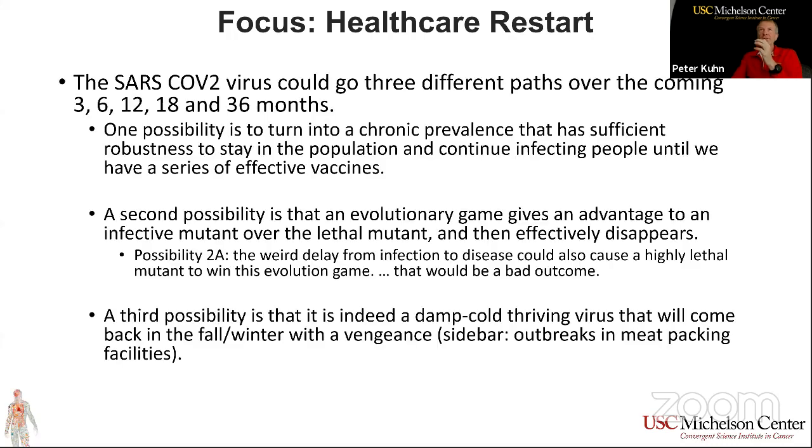So then the healthcare restart, right? I think for us on the technology side, we need to wrap our head around what this future might look like, right? So we are looking right now at the models and the model predictions that we currently have in front of us, which are of course assuming that there is no real change in the viral behavior. But if we are thinking through what's going to happen over the next 3, 6, 12, 18, and 36 months, right?